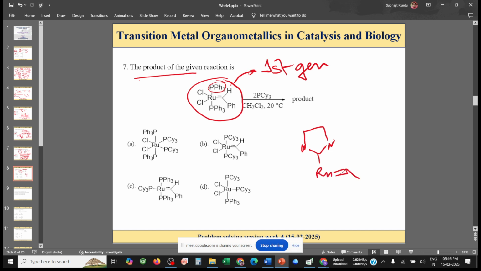PPh3, Cl, and this one is methyl also, which I was discussing in the last question, the steric effect.